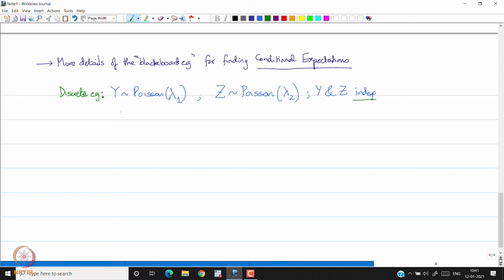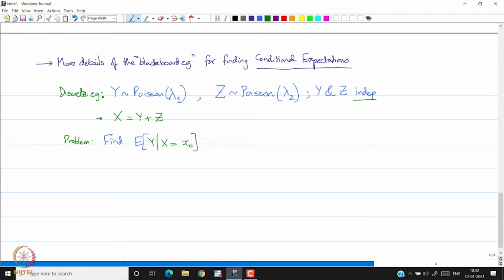Then we also defined X to be Y plus Z. Right, and the problem was to find the conditional expected value of Y given that X took the value x naught. So this was the problem, right.